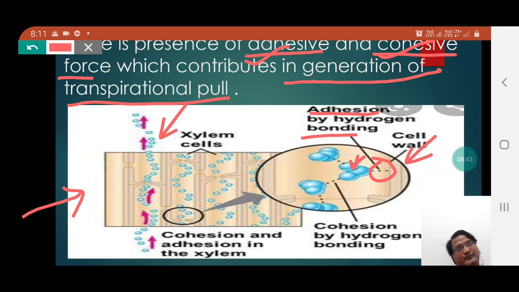So students, that means this water molecule which is right here, this is forming a bond between the water molecule and the wall of the vessel, and this bond is called as the adhesive bond.